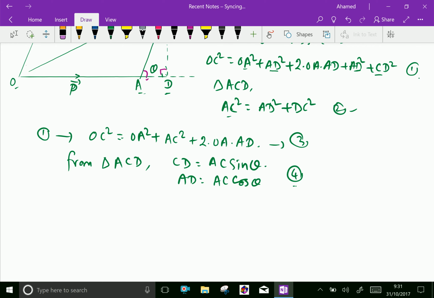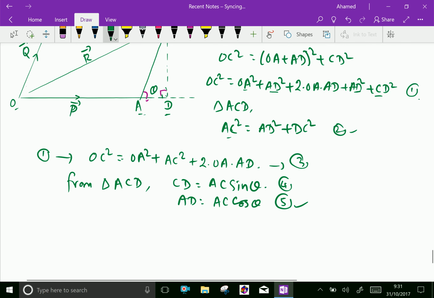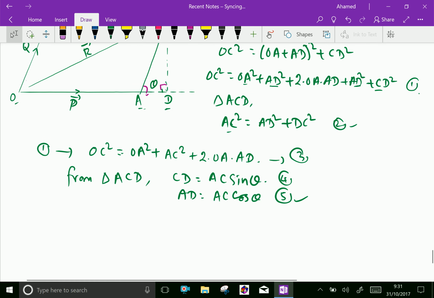Keep this as 4 and this as 5. Substitute 5, then OC square, that we have to substitute in 1.